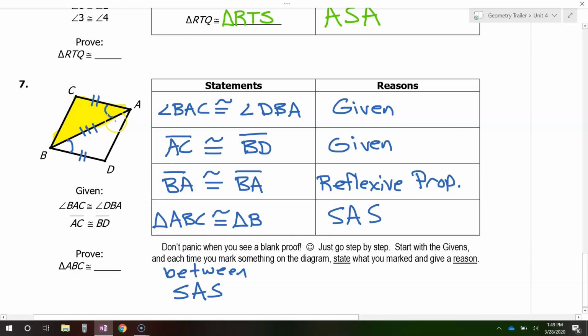So that corresponds to the white angle A. And then, of course, angle C corresponds with angle D. That's pretty obvious. And that is it.